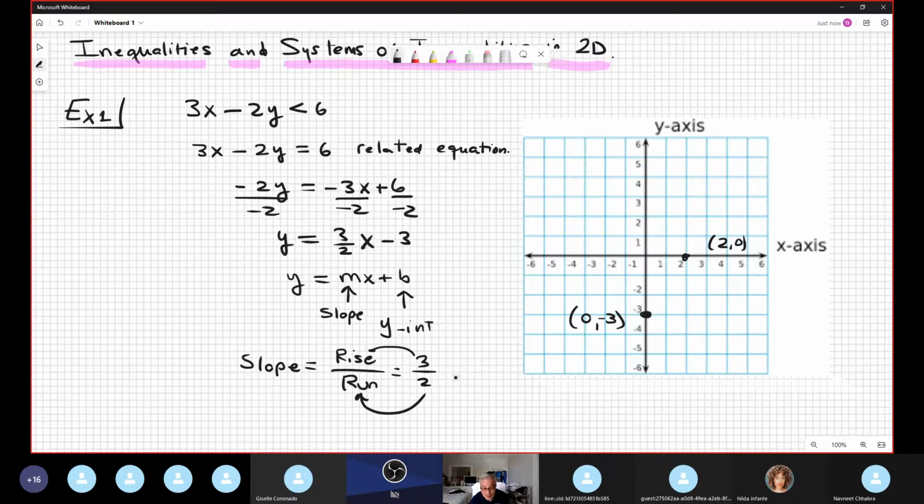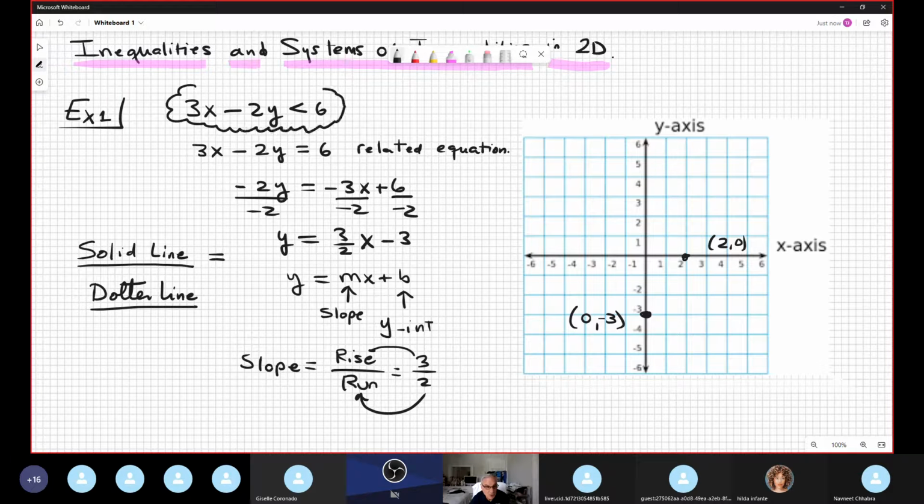Now, what kind of line? We have two possibilities: solid line and dotted line. What is the convention to understand this? A solid line is when my inequality contains an equal sign. Look, my original inequality is a strict inequality, no equal sign.